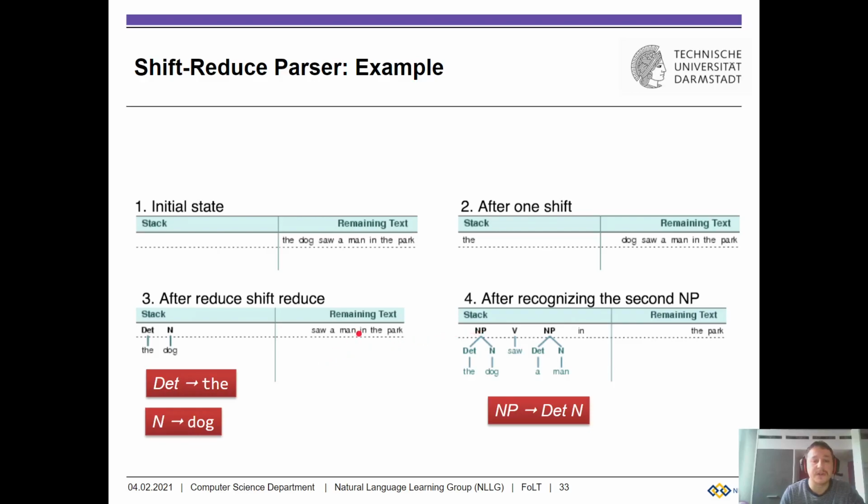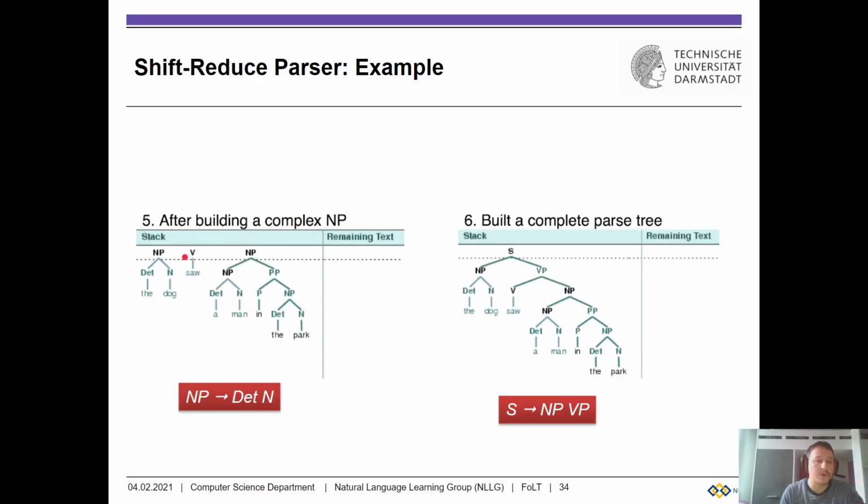And then we're gonna continue to push. So we're gonna push saw on the stack, and we're then gonna reduce it to a verb. Then we will push a man on the stack, reduce it to determiner noun, and subsequently to noun phrase. So we're always gonna check the top items on our stack. Okay? So we'll continue with this for a while until we have noun phrase, verb, noun phrase on the stack.